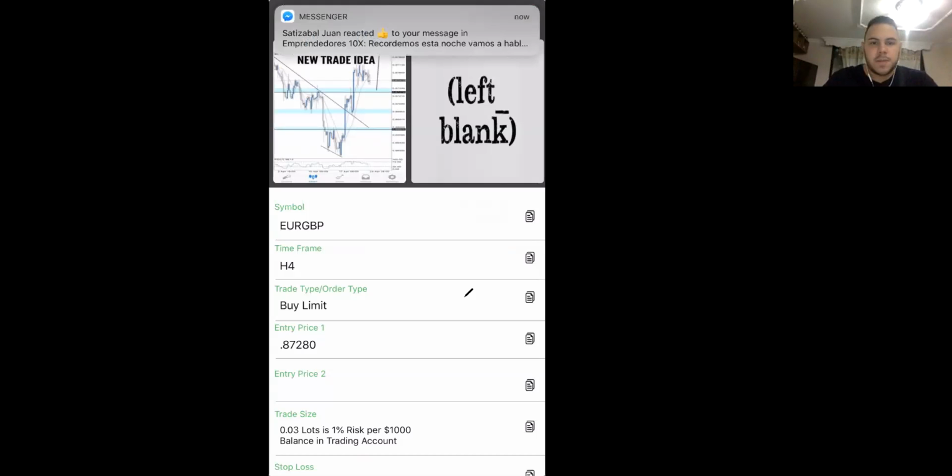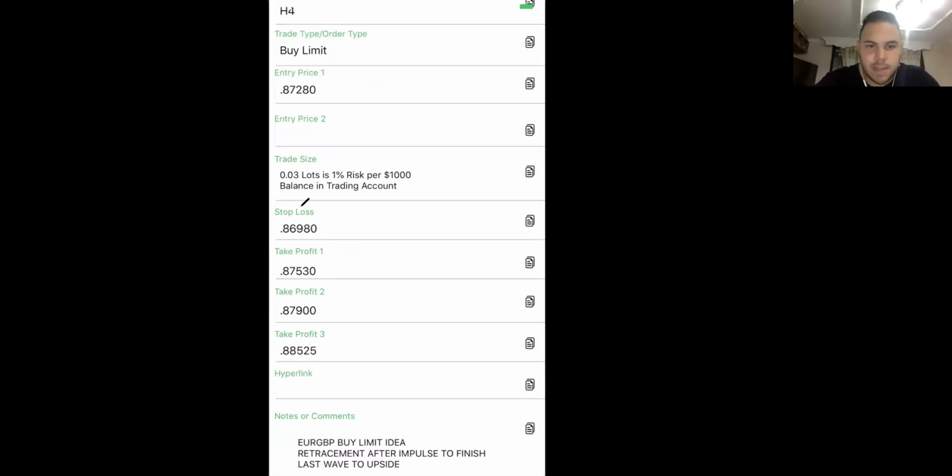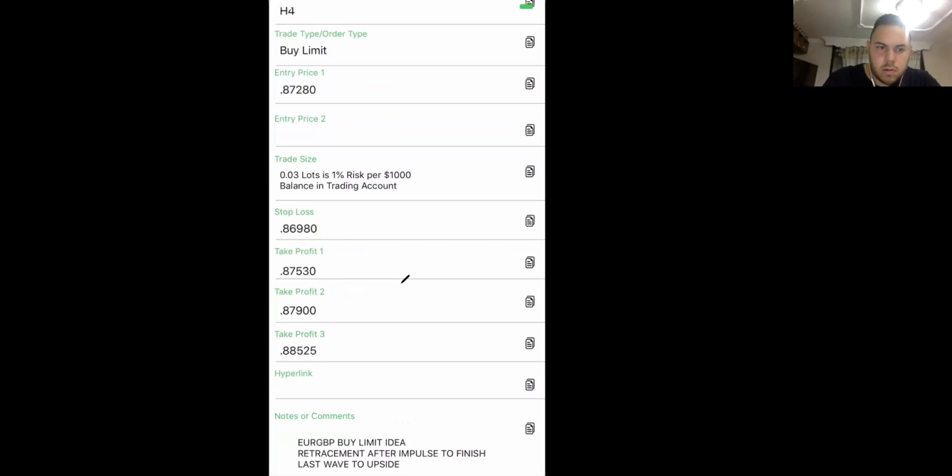But 1 pip is too little. That's why they set up the stop loss limit, and it's usually between 30 pips to 50 pips. Okay, making sure I've got the concept correct.